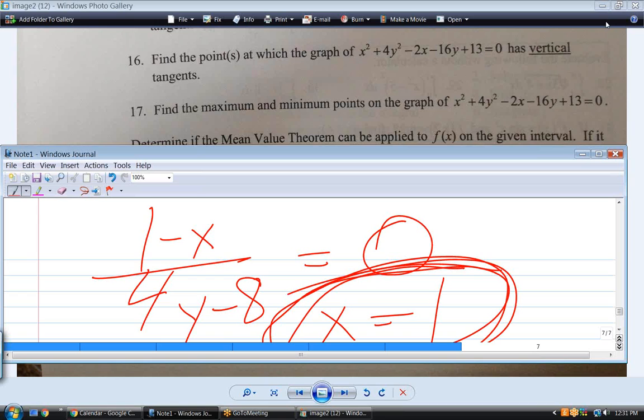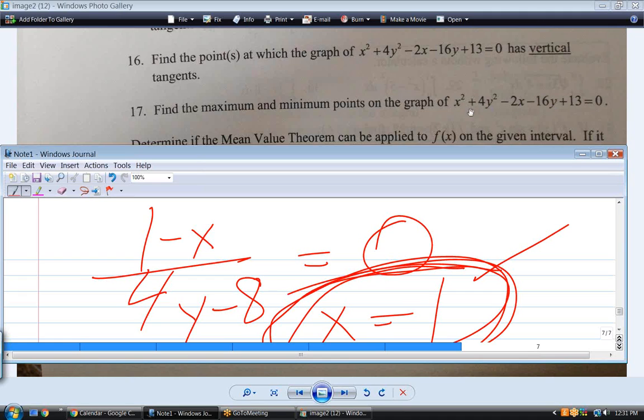But there's something else we have to do. This might be the only answer. In other words, normally I have found the only point on this graph that has a flat tangent line. You can't have something be a minimum or a maximum unless it has a flat tangent line or it's an endpoint.